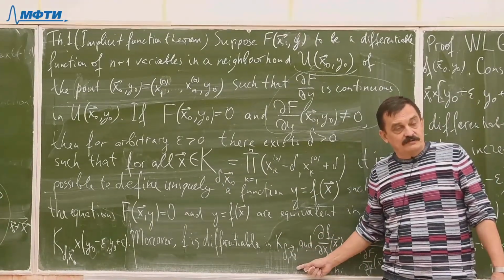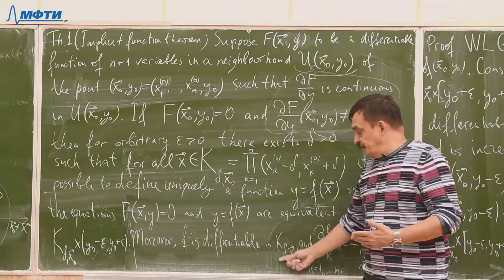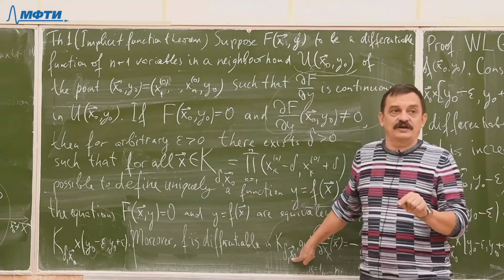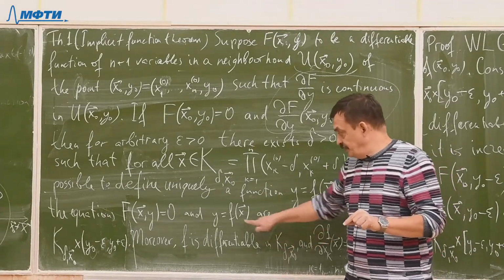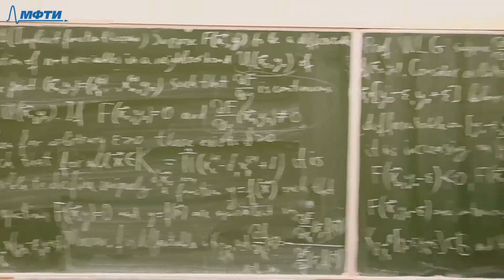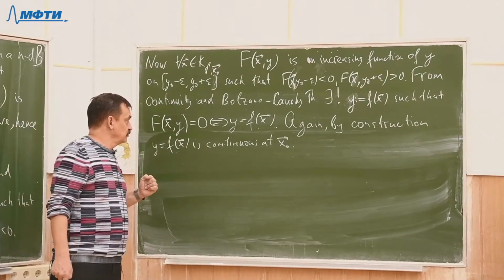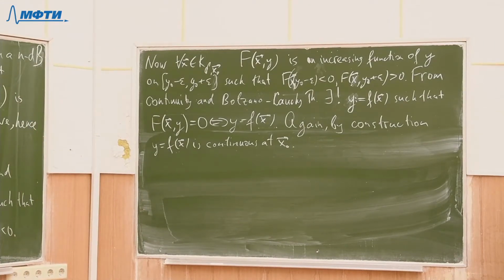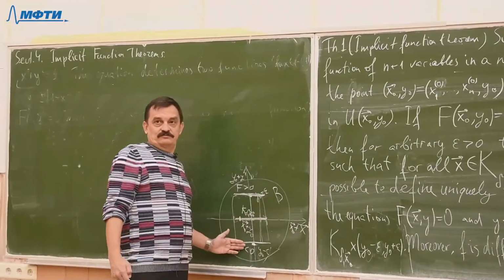If we prove differentiability just at the point x naught itself, then what can we do? For an arbitrary point x where we can solve our equation, we know that we can solve it.